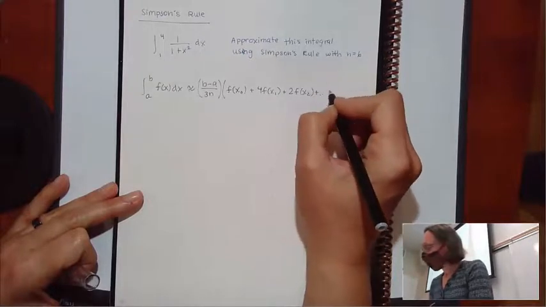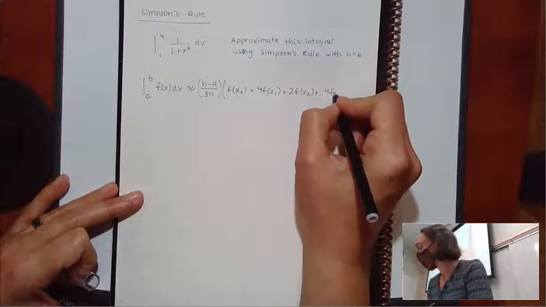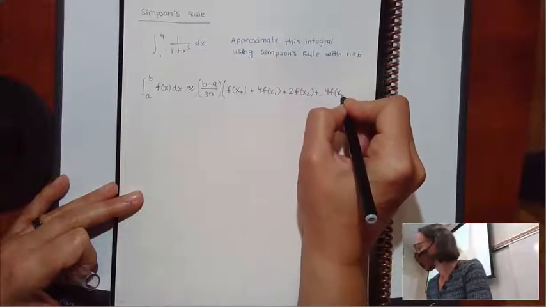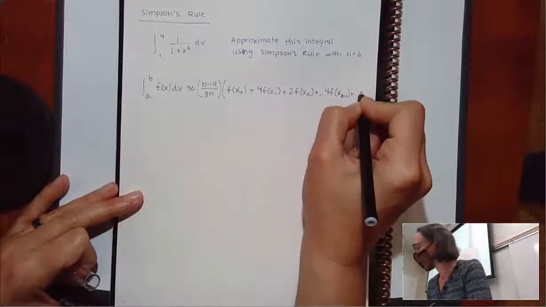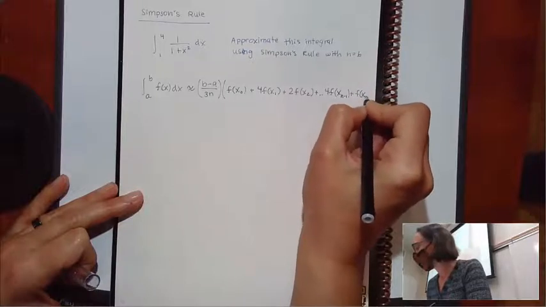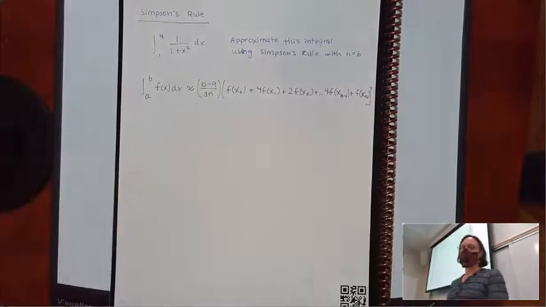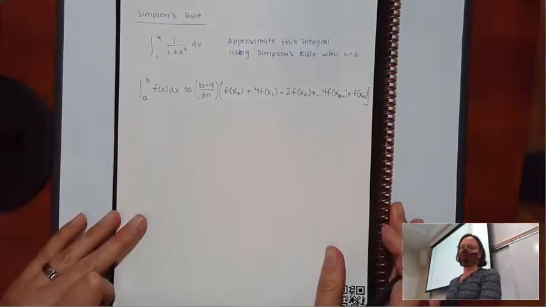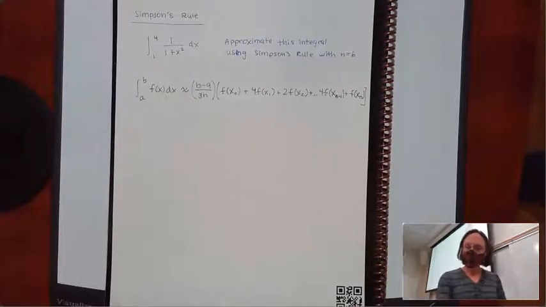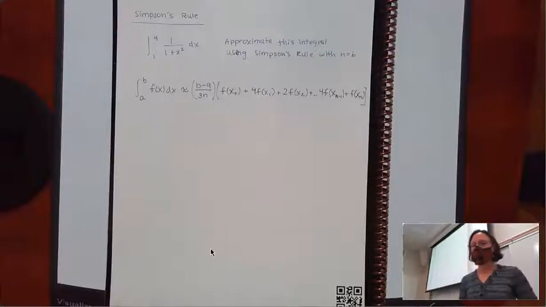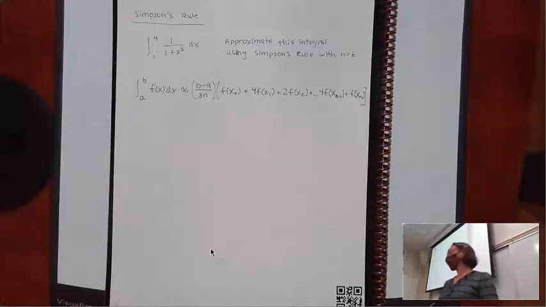And we would keep going, and we'd have 4 times f of x sub n minus 1 plus f of x sub n. Now, all that garbage is really not as terrible as it looks at the start.